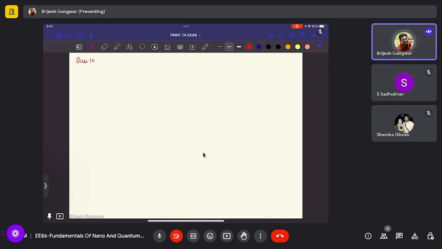Now question number 10. Match the types of light with its corresponding photon number distribution.